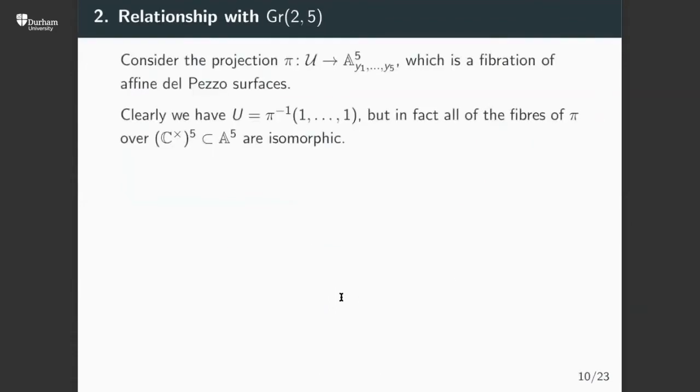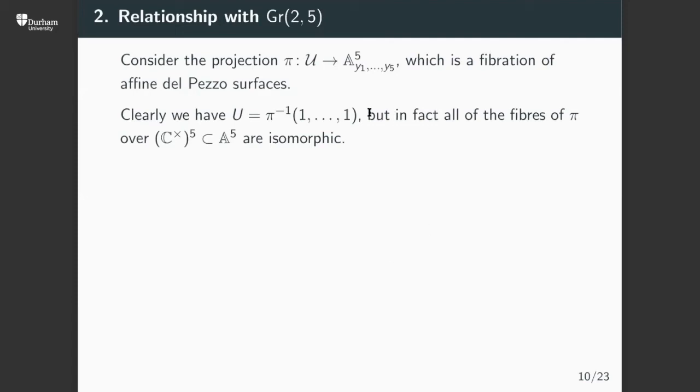And so I project this affine cone over the Grassmannian onto the affine plane that's spanned by those 5 homogenizing variables. You can think of them as frozen coefficients in the cluster algebra, if you know what that is. And so I get a family of del Pezzo surfaces.